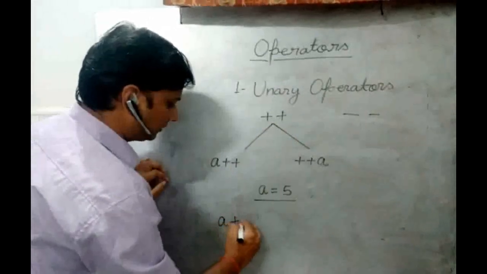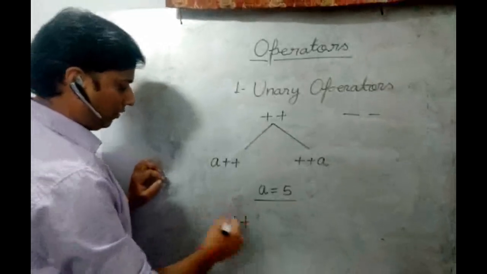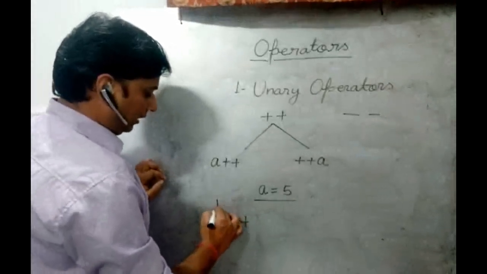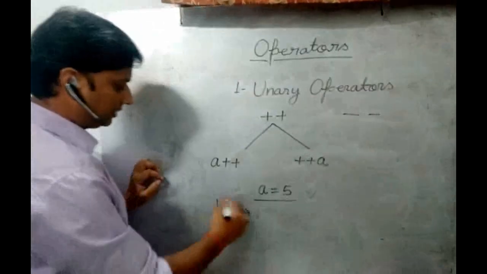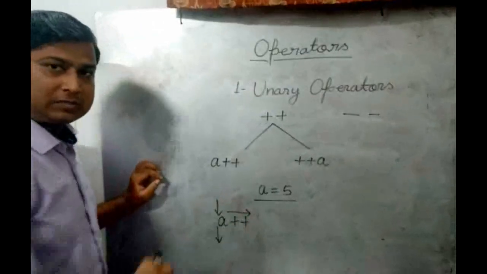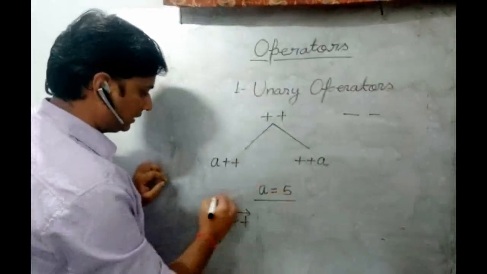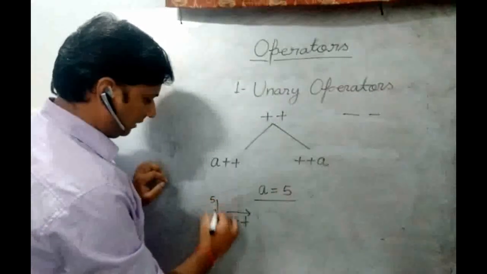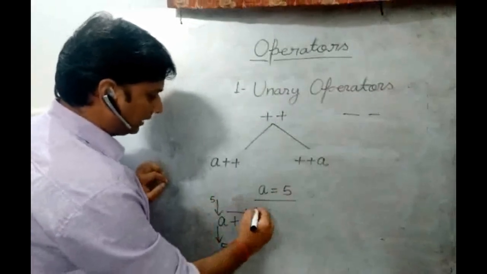If we are using post-increment, we always use this arrow to solve it. With the help of this arrow I am going to solve post-increment. First of all, we use the value of a, which is 5, and the same value will be the result, and after that it will be increased to 6.